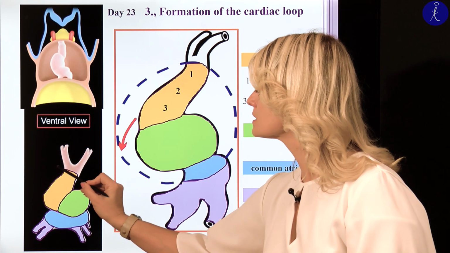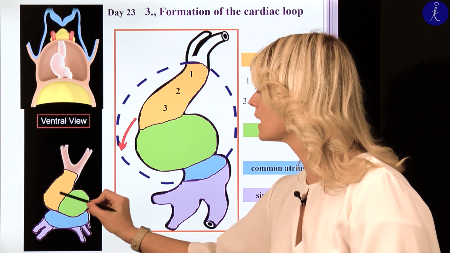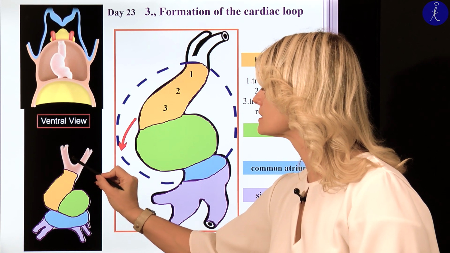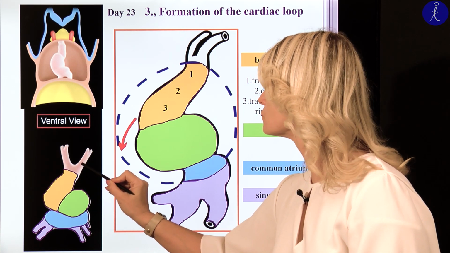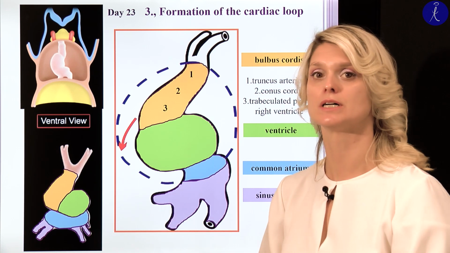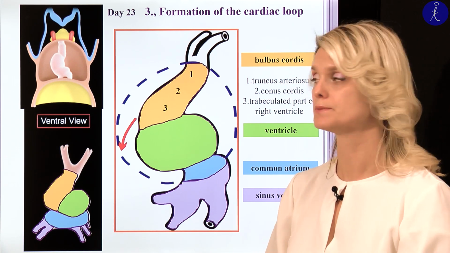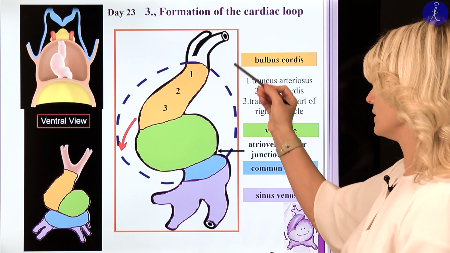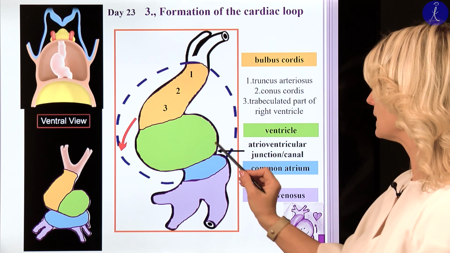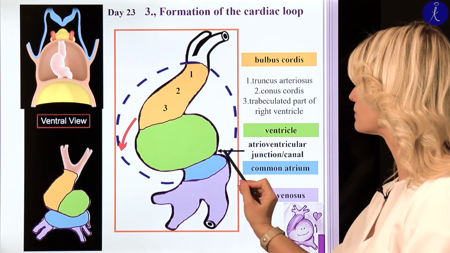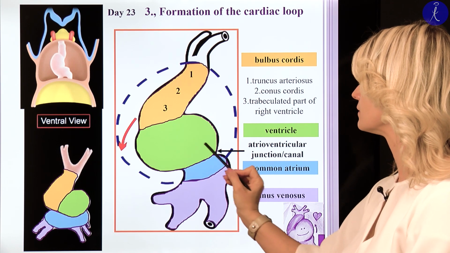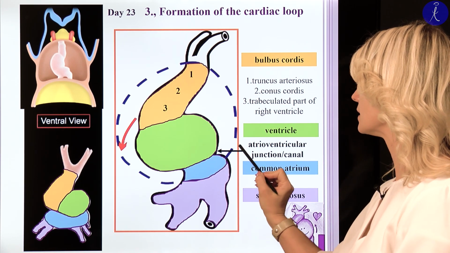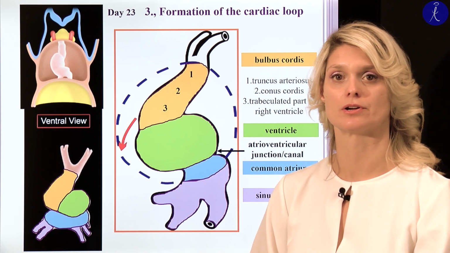From these parts will be the outflow part of the ventricle, and from the truncus arteriosus will develop the aorta and the pulmonary trunk. Here you can see the main steps, and it is also visible the border between the ventricles and the atria, the atrioventricular canal.